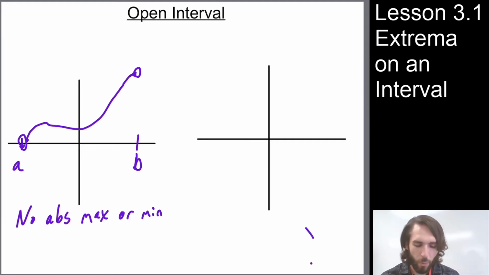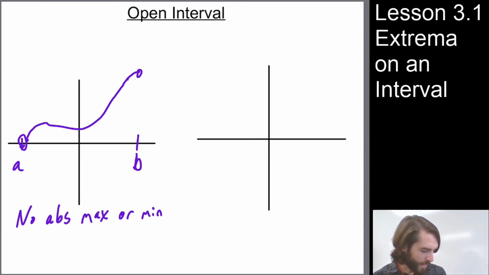We could always get closer to whatever this hole value is, just a little bit closer. If you name a value that is really close to it, I could always name one a little bit higher, right? We could go back and forth like that forever. So there is no maximum value as we get infinitely close to whatever f of b is.